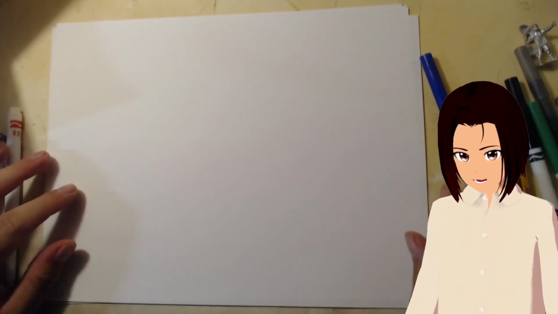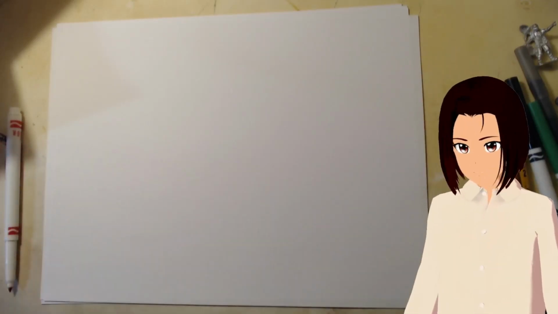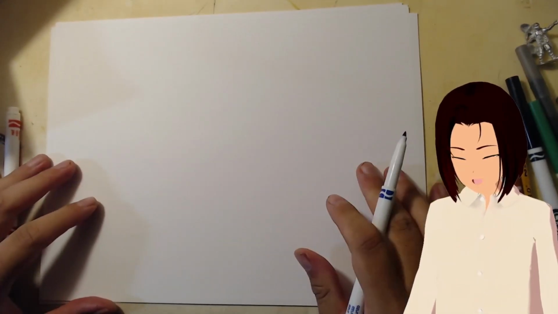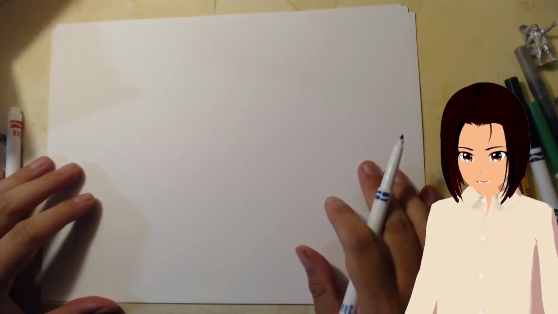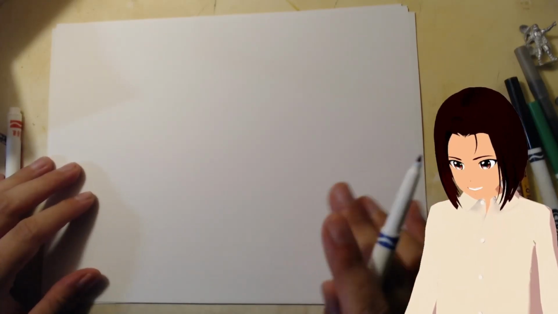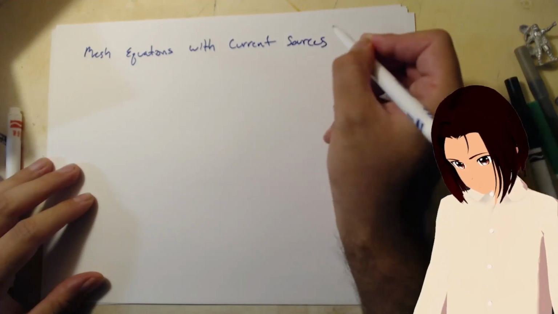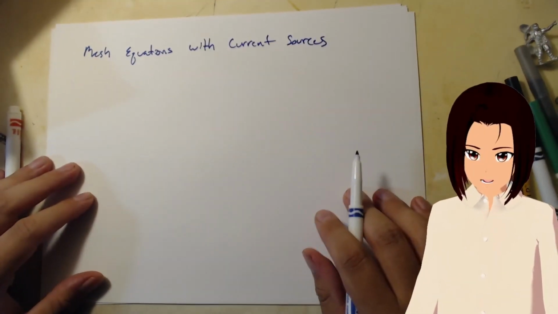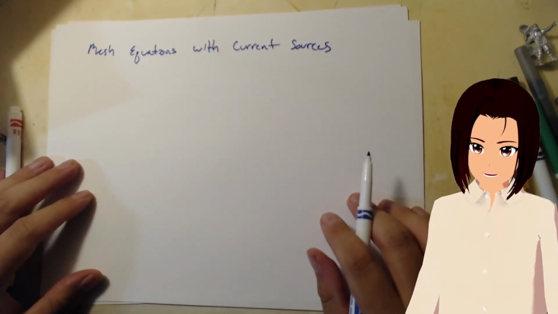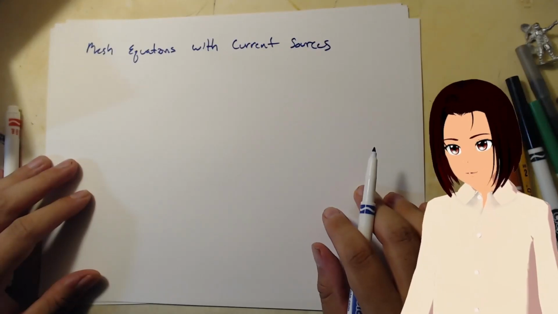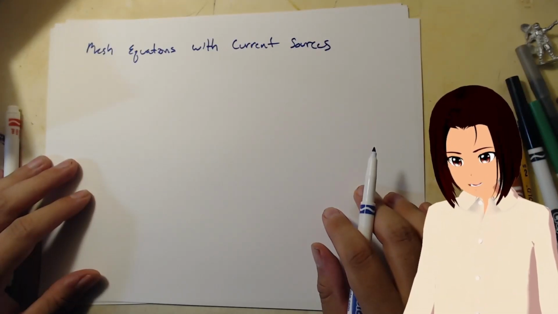One of the problems that we frequently encounter is mesh equations with current sources. What if we have a current source?